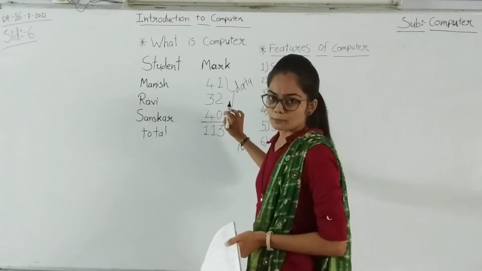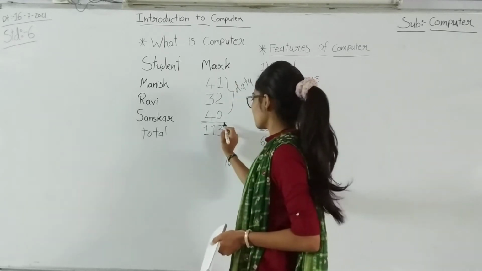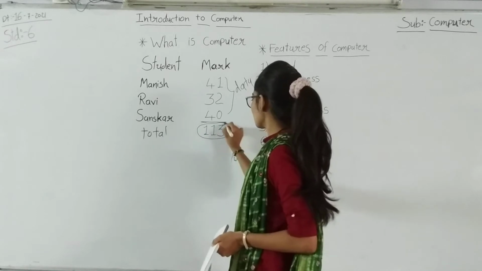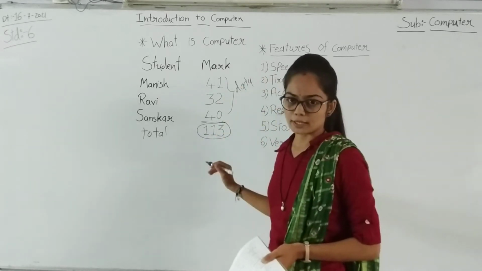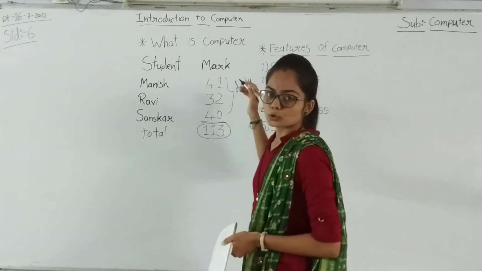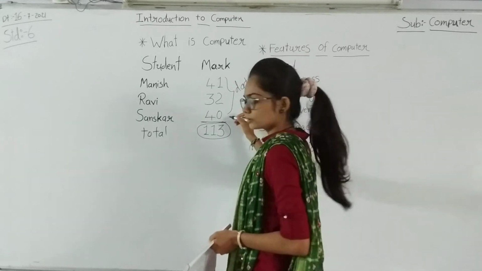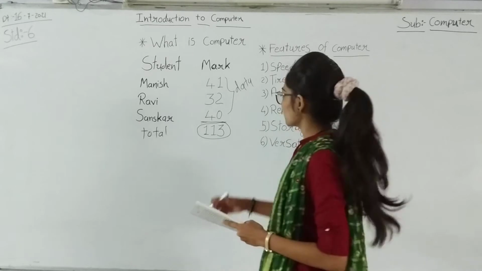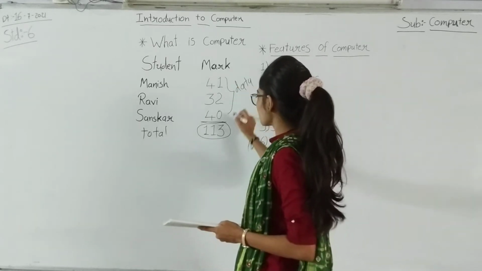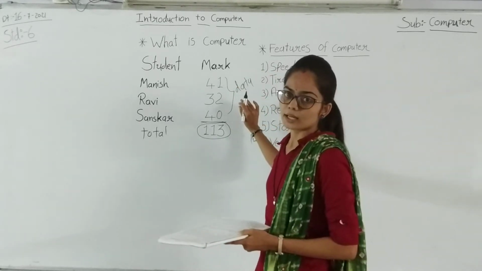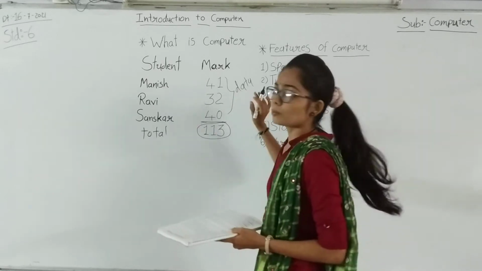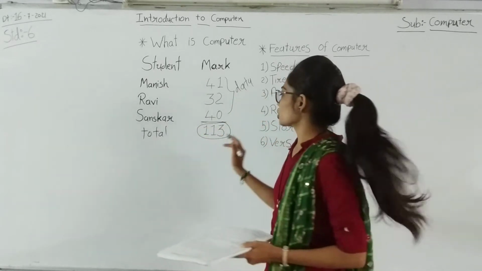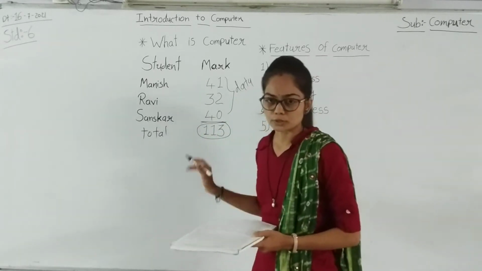In this example, we want the total of these 3 students' marks. We input these marks to get the output. The computer processes these 3 data and performs an addition task to generate an output.